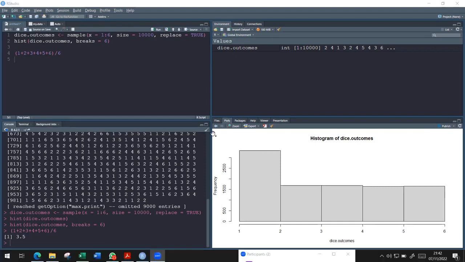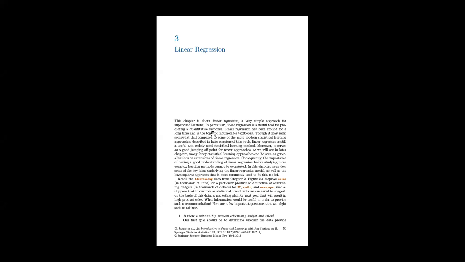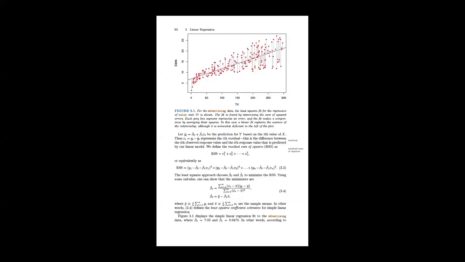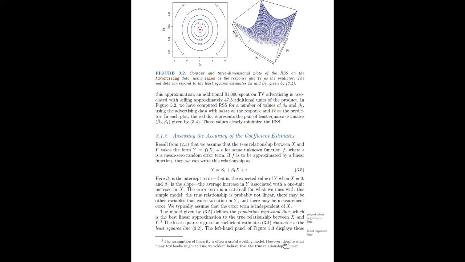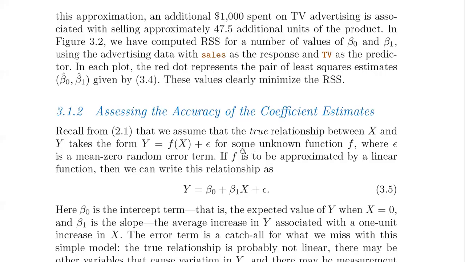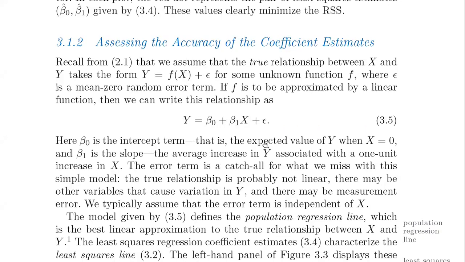You're not necessarily going to get 3.5, and in the case of a dice, you will never get 3.5. But if you had to roll the dice a sufficient number of times, you would expect a mean score of 3.5. This is what we mean by expectation. The expectation of the error term is 0. It's a mean 0 random error term.